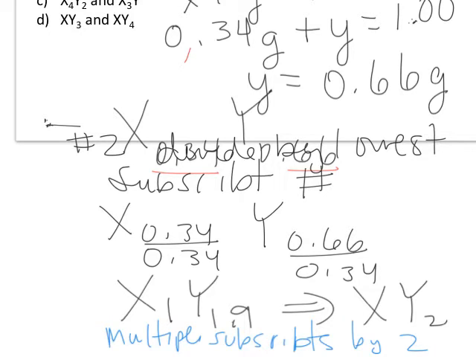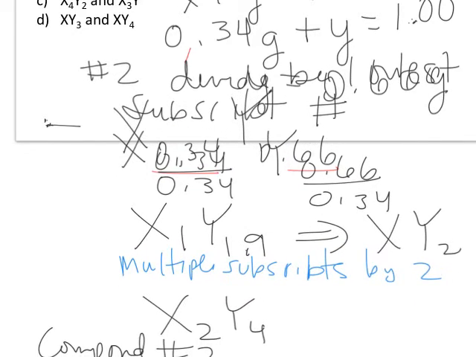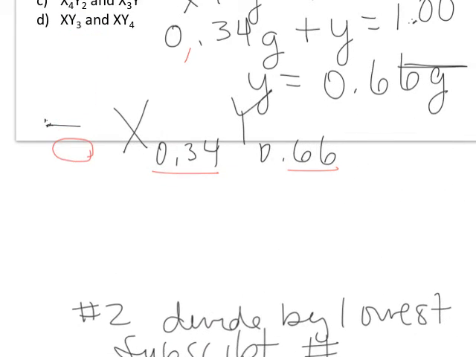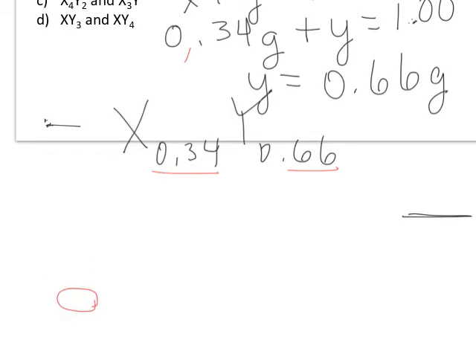So let's go ahead and solve for compound number 2. In compound number 2, we have 0.44 grams of X. So let's do this one down here.